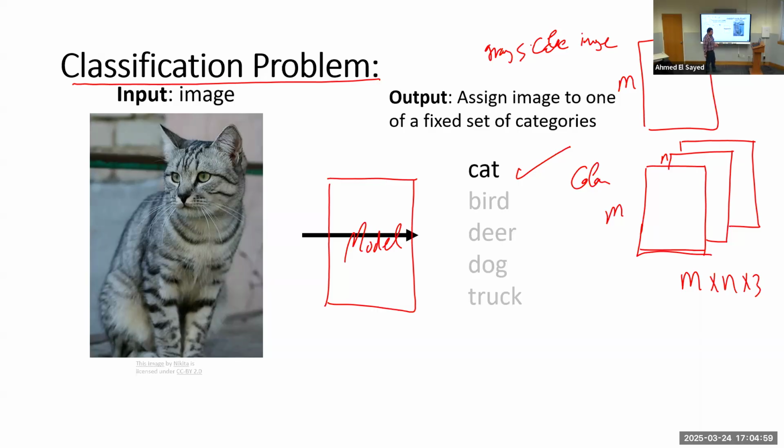What will be the output? In this case, the output must be all possible classes we can get from this data set. Meaning, for this data set I have images of cats, birds, deer, dogs, and trucks. So this model will have 1, 2, 3, 4, 5 outputs. The number of outputs must equal the number of classes.